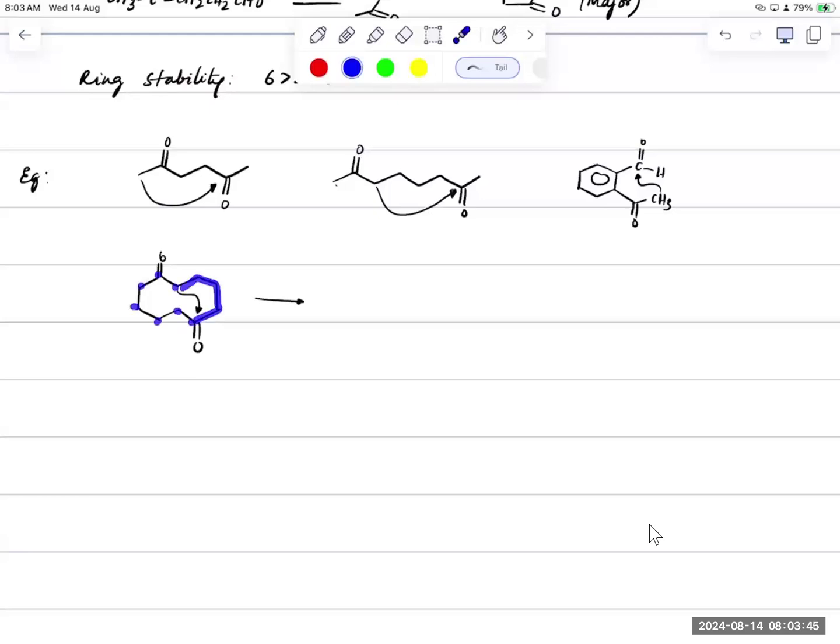One will be a 7-membered ring, and the other one will be a 5-membered ring, like this. Where it got connected here, we will have OH, and here we'll have a double bond O, which on heating typically will become a double bond here and a double bond. This is how it will happen.